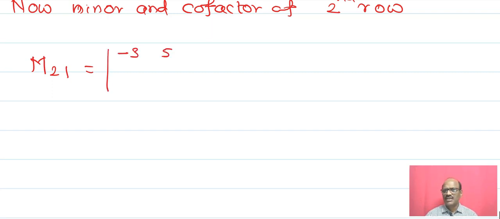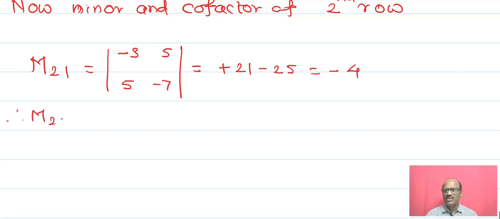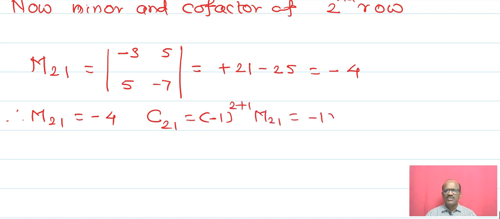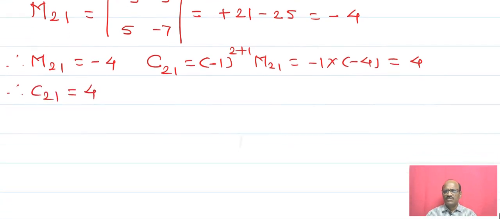The first element is M21, that is minus 5 minus 3, 5 5 minus 7, so M21 is equal to minus 4, and its cofactor is minus 1 raised to 2 plus 1, M21, overall it's 4.